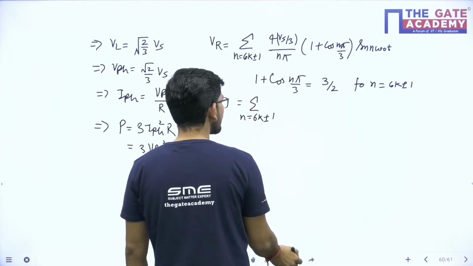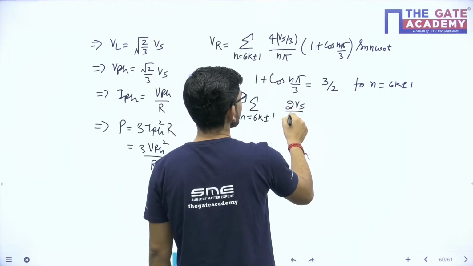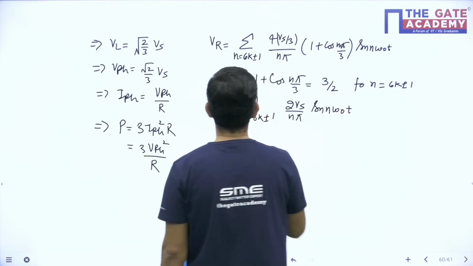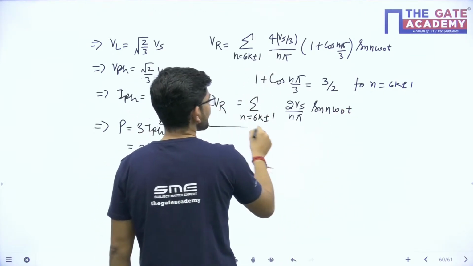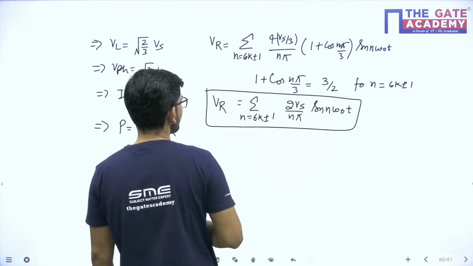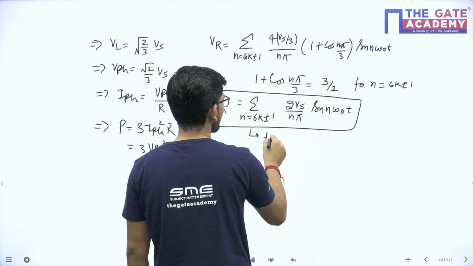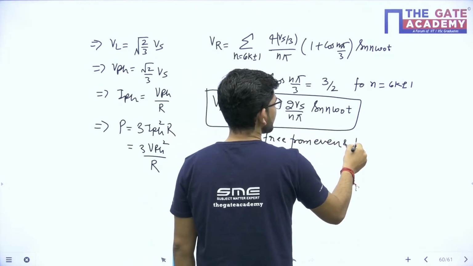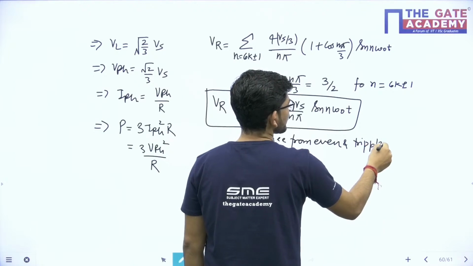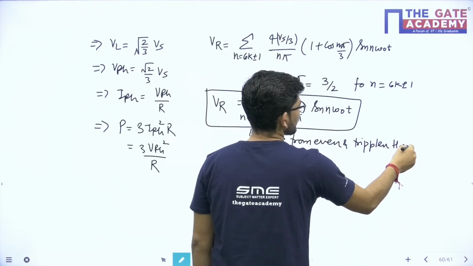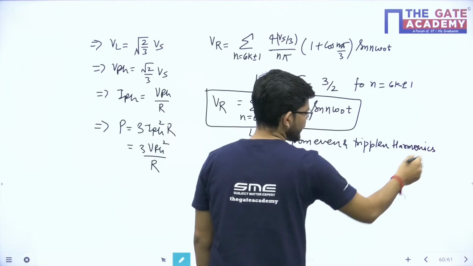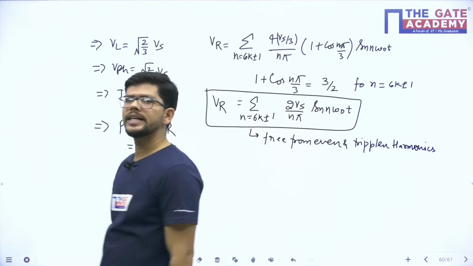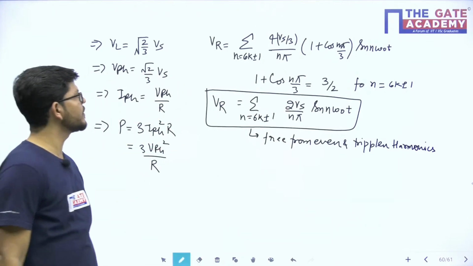I will be getting 2 Vs upon n pi sin n omega naught t. So this is the Fourier series for my phase voltage, and this is free from even and triplen harmonics. Is that clear? So this is the Fourier series of the phase voltage waveform.